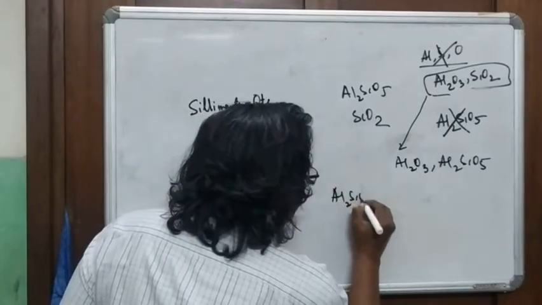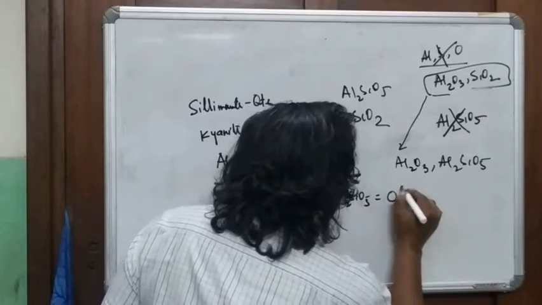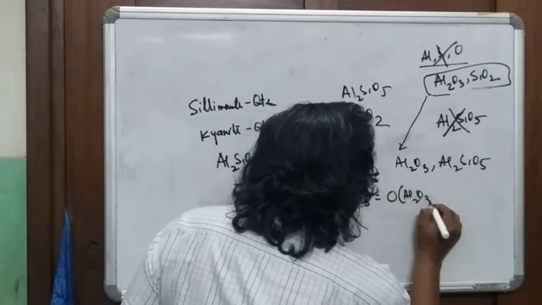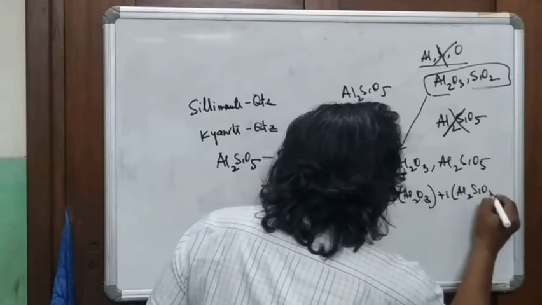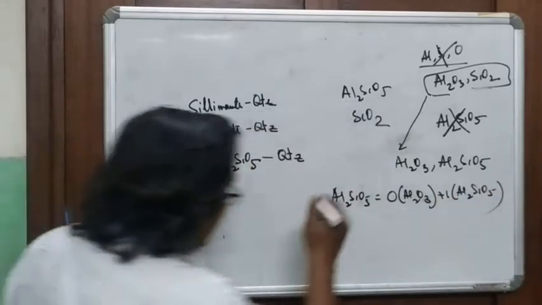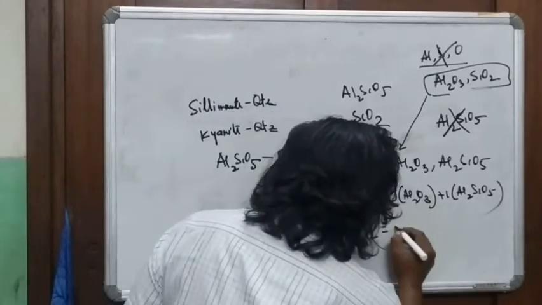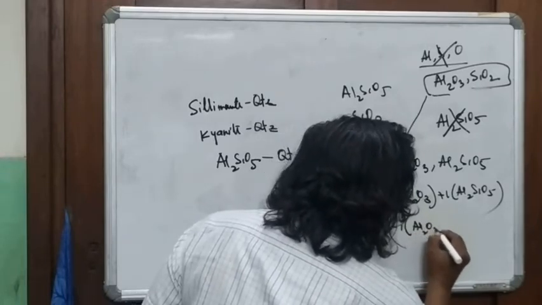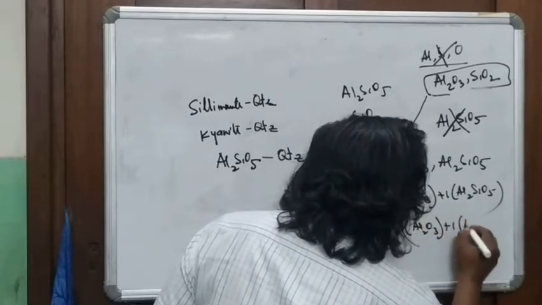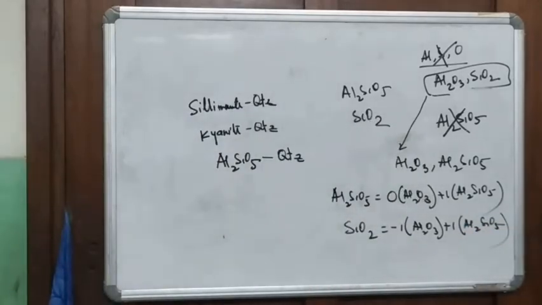Al2SiO5, how will you write? As 0 Al2O3 plus 1 Al2SiO5. And SiO2, you will write as minus 1 Al2O3 plus 1 Al2SiO5. Done? Yes, it's right.